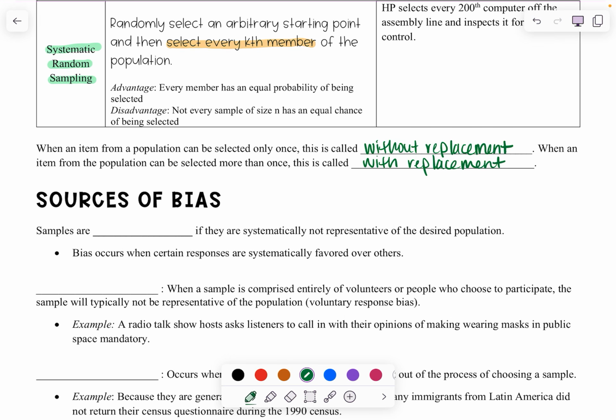Because of that, you take them out of the sample entirely. When we go in and we actually write these things out, you will have to say, we are not replacing this name. I am picking a person from the hat, taking their name out of the hat and throwing it away. So when you write these responses, it needs to be foolproof.